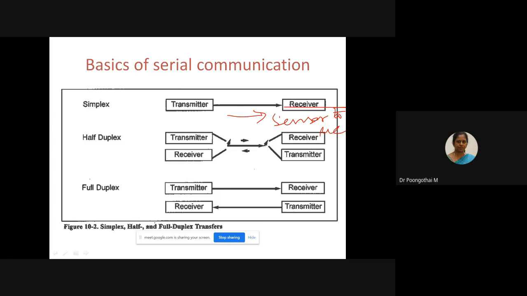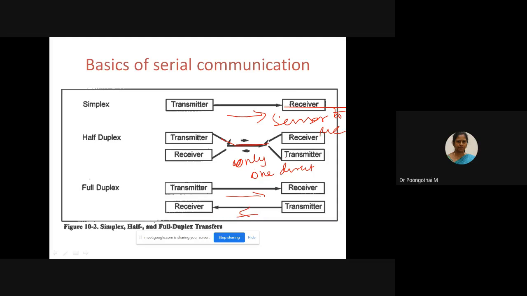In half duplex, the communication link can be used for either transmission or reception, so data is transmitted in only one direction at a time. In full duplex, if the data is transmitted in both ways at a time, that is, transmission and reception can proceed simultaneously.